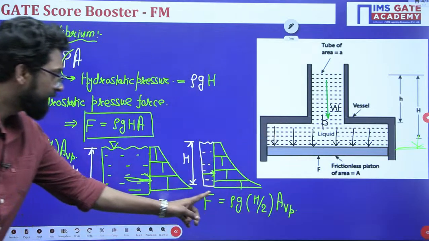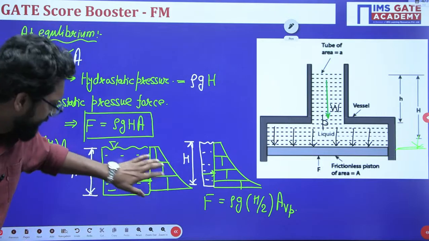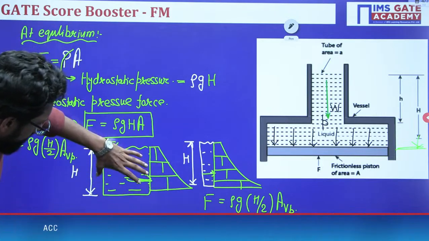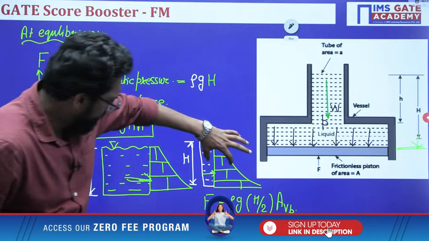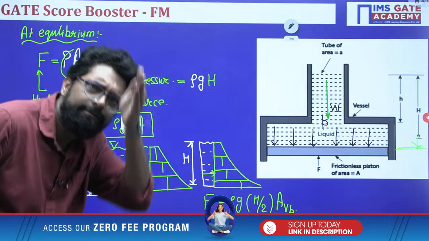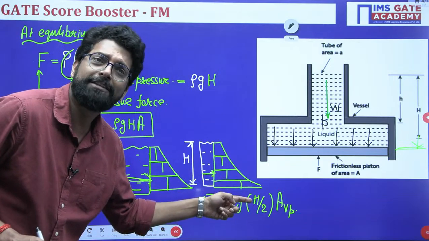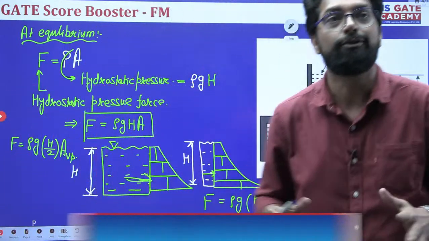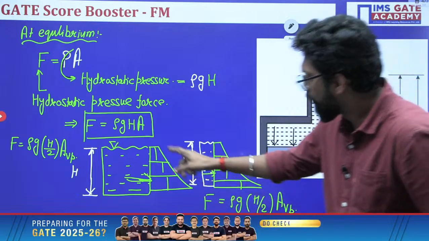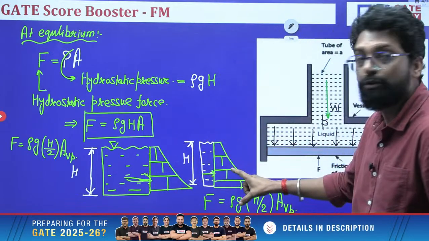Now my dear, see, is it practically possible that this dam gives this amount of hydrostatic force, and this dam with a very thin layer of water gives the same hydrostatic force? Is it true in reality? In reality, it is not true. Why? Because to construct this dam you have to make it stronger as compared to this one.